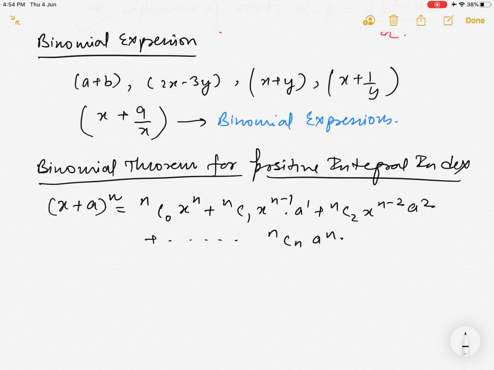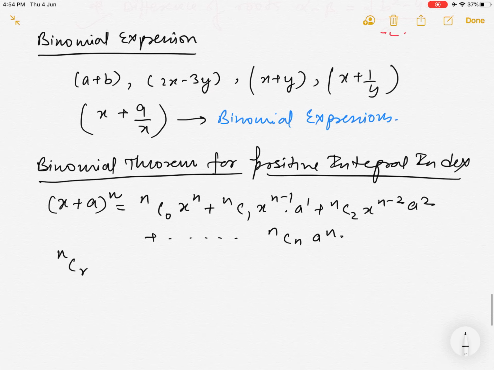Then in continuation, finally it will be nCn a to the power n. It may seem overwhelming, but it's there in mathematics, right? Where a1, a2, a3 up to an are constants, as we have already studied. x1, x2, x3 and up to xn are also, sorry, independent variables.